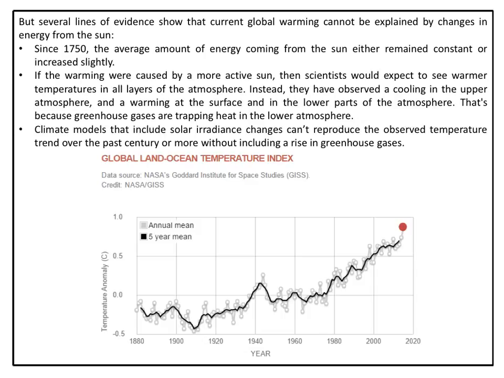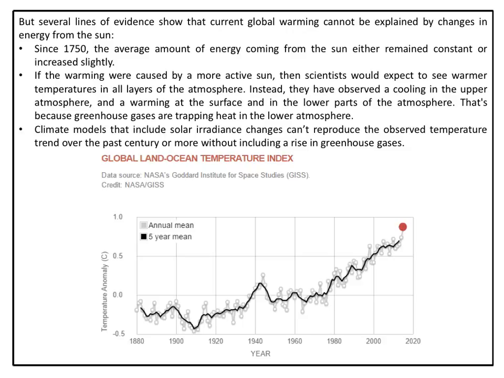But several lines of evidence show that current global warming cannot be explained by changes in energy from the sun. Since 1750, the average amount of energy coming from the sun either remained constant or increased slightly. If the warming were caused by a more active sun, then scientists would expect to see warmer temperatures in all layers of the atmosphere.